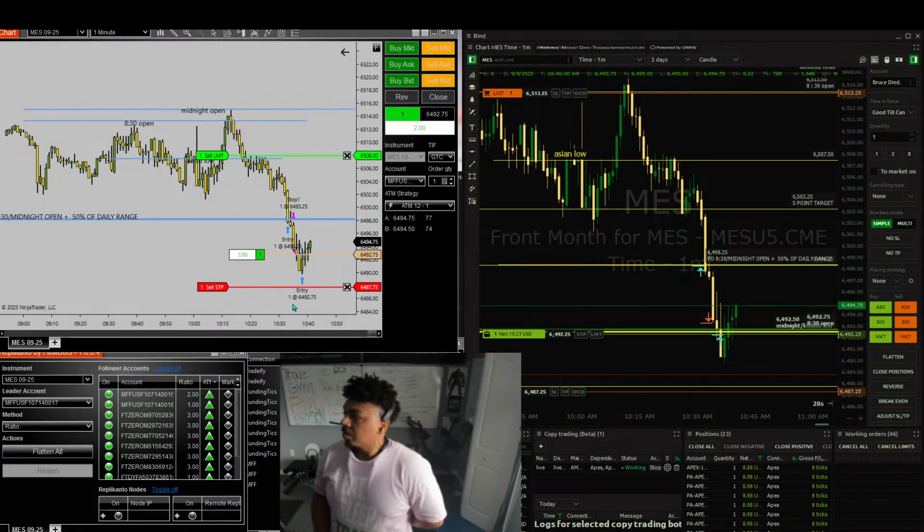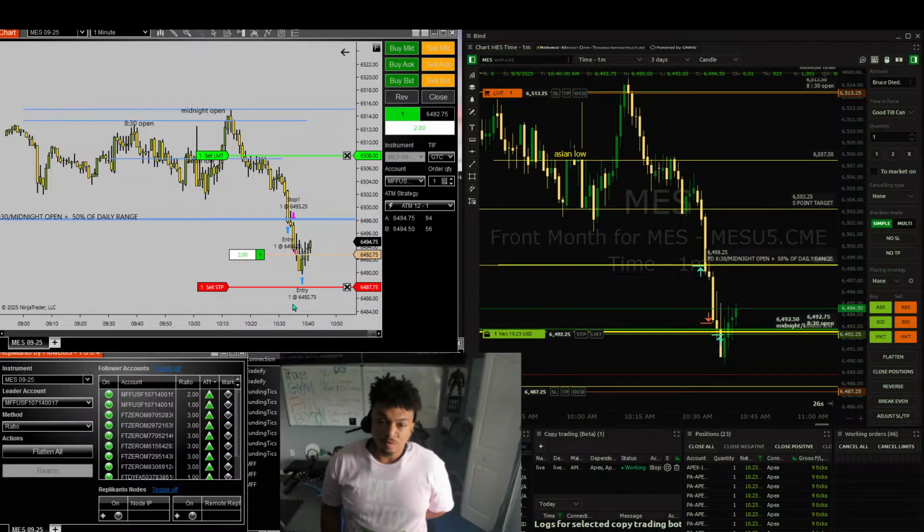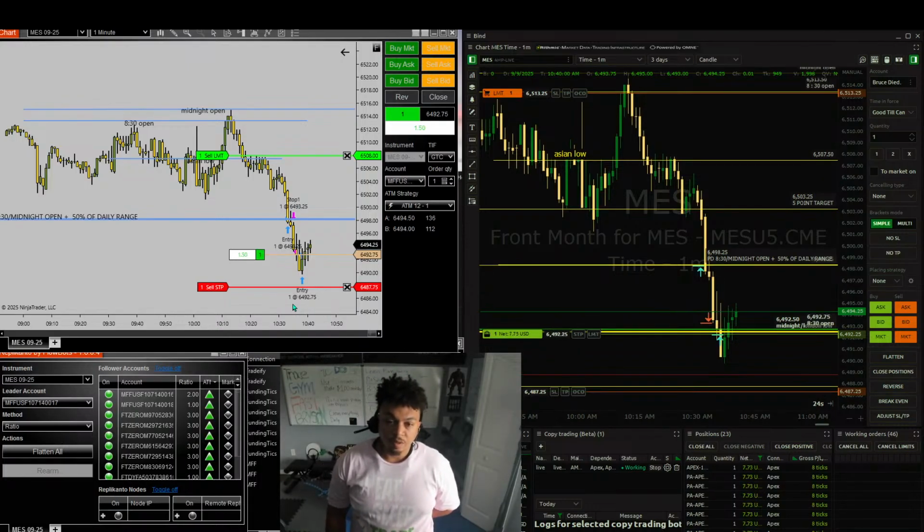See if we can get those initial 5 points back, and then we will just probably close that and look for another trade. Let's see. Get those initial 5 points back.